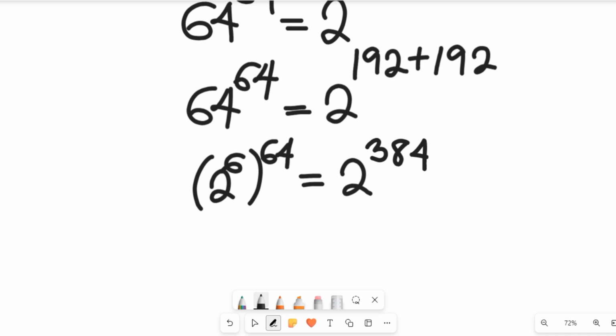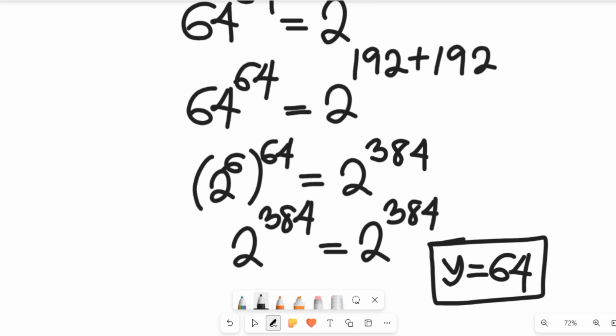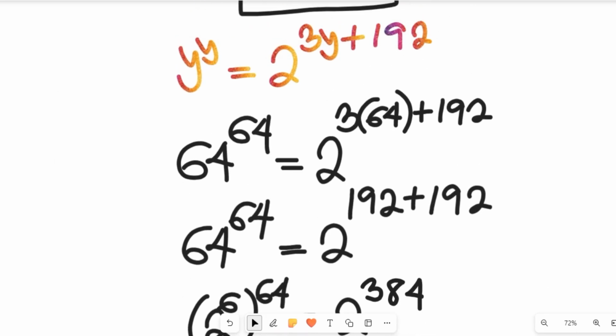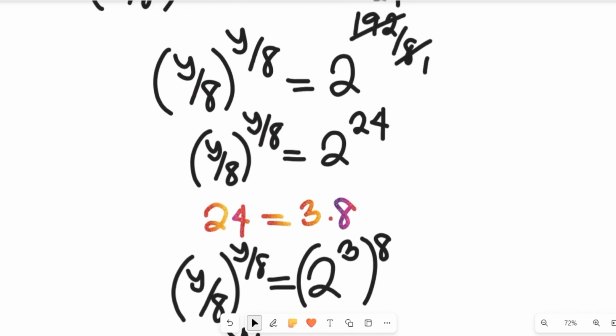So 6 times 64 will give me 2 to the power of 384. So 2 to the power of 384 is equal to 2 to the power of 384. That simply tells me that my y equal to 64 is the right value of y that satisfies the exponential equation that is given to me up there.